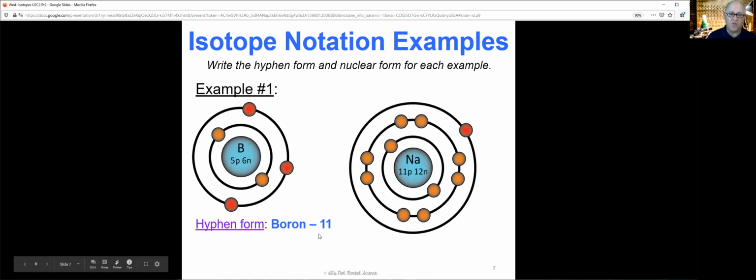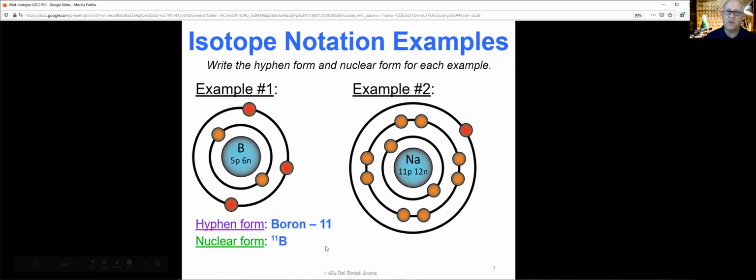The nuclear form would be a superscript 11 in front of the elemental symbol B. Now, I'm going to pause here for a second, and I'd like you to do example 2 on your own. And then we'll come back and we'll make sure you have it correct.